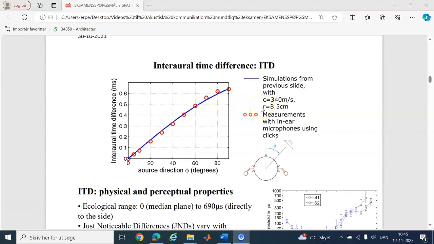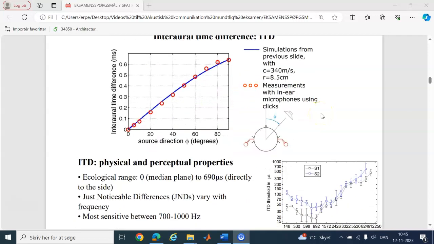Interaural time difference, ITD: physical and perceptual properties.